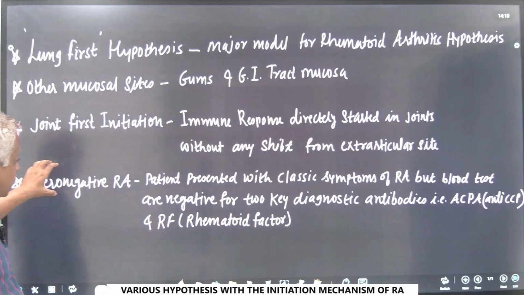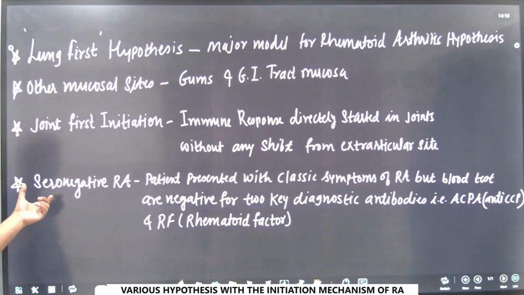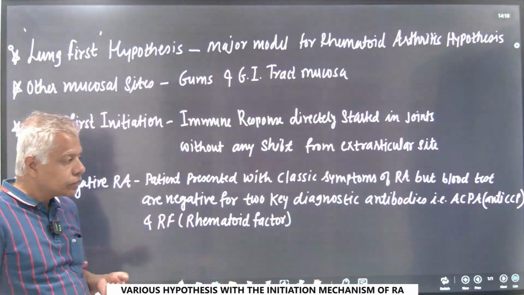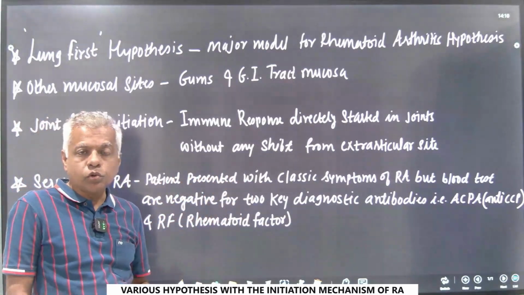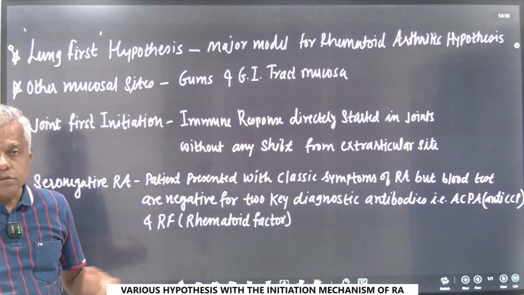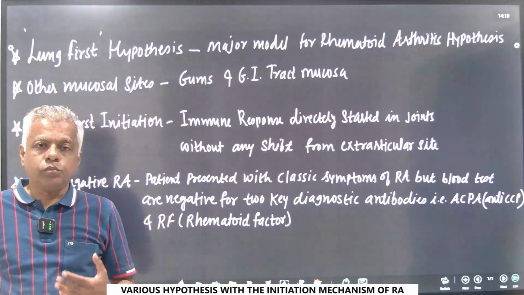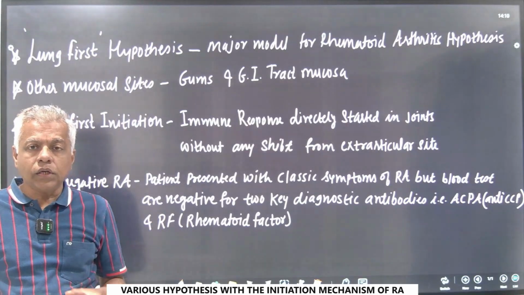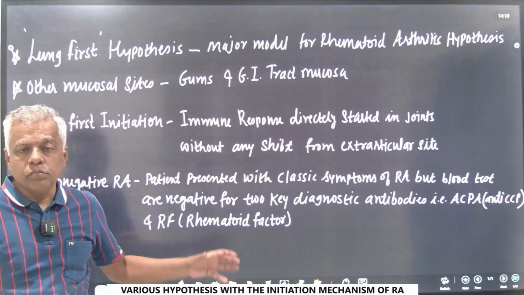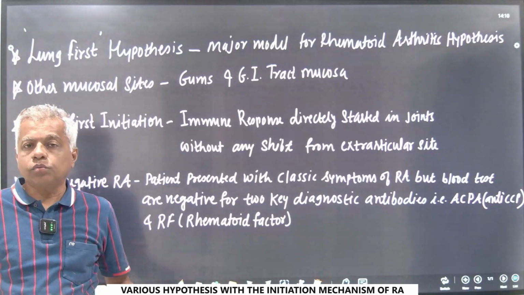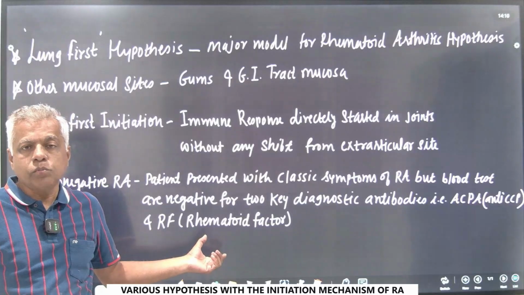Then lastly, a very interesting one, seronegative RA. See here, a patient presented with classical symptoms of RA. In this particular situation, we are getting a patient with all the classical symptoms of rheumatoid arthritis, but when we send the blood for these antibodies, which antibodies?